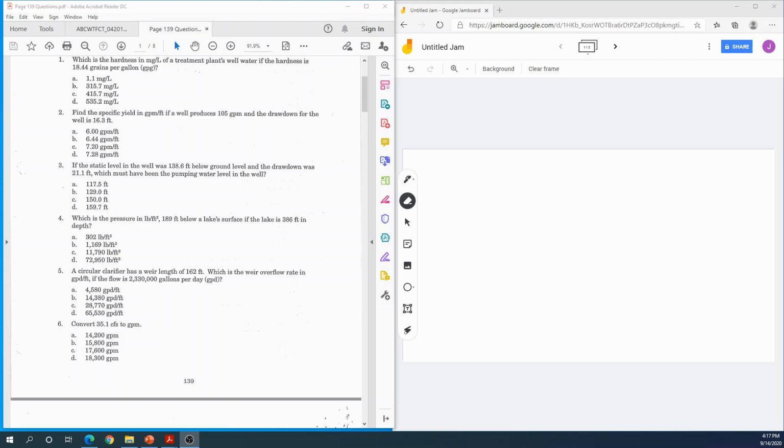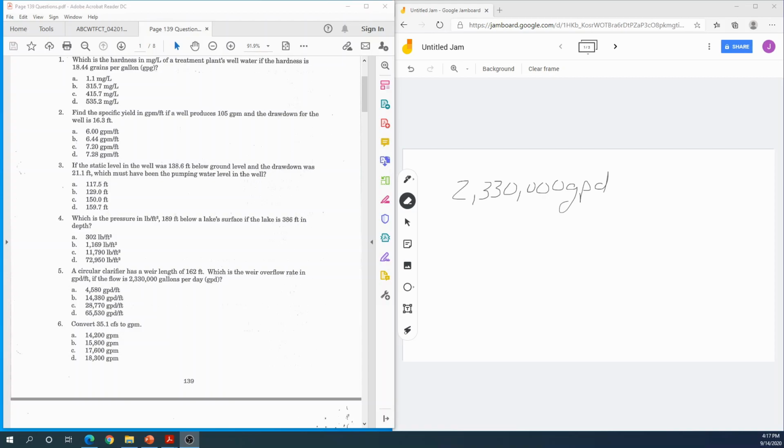So we know that our flow is 2,330,000 gallons per day. And it's asking for our overflow rate in gallons per day per foot.